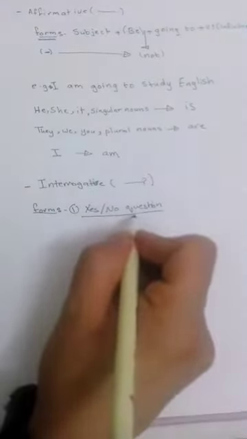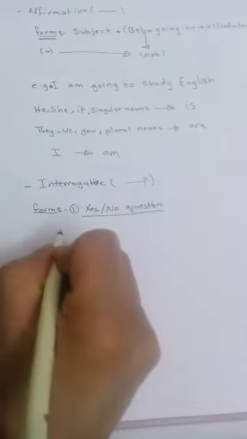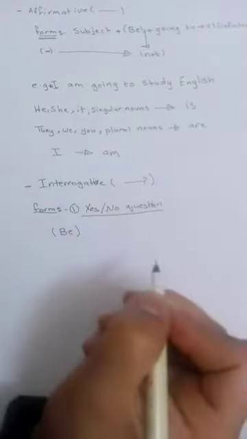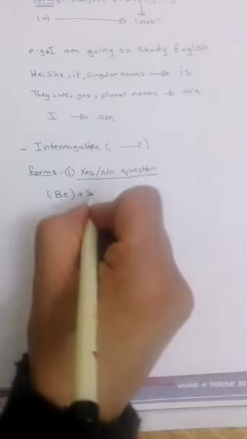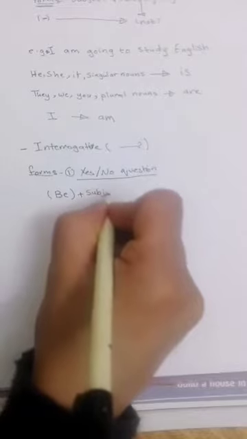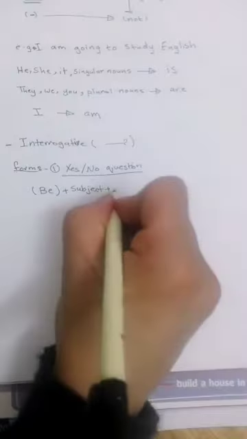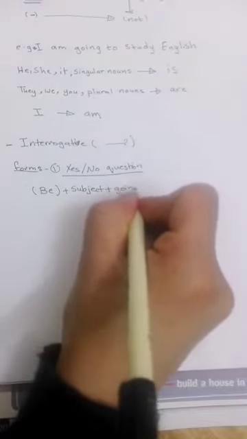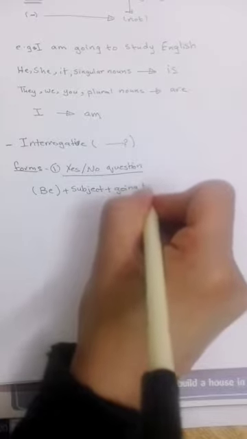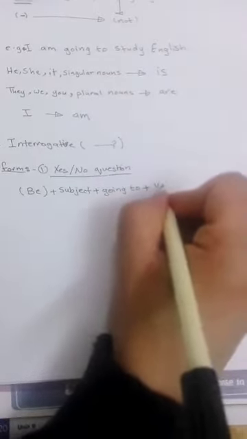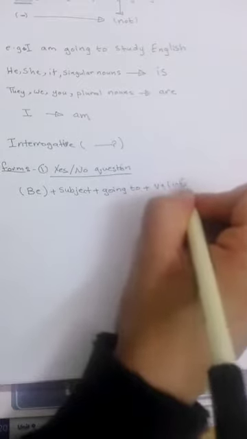We put the verb to be at the beginning, then we put the subject here, and what do we have here? Going to, and we have here verb 1, which is what? Infinitive.